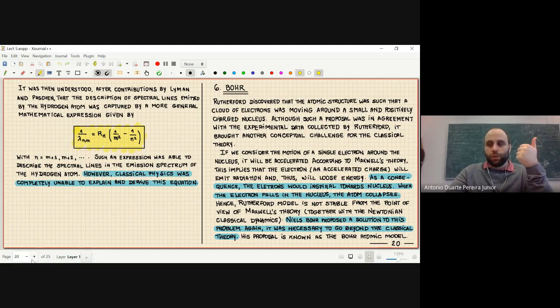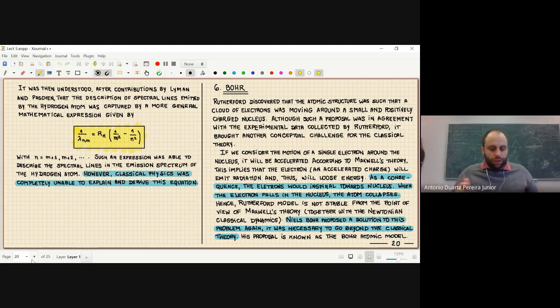So he used Newtonian mechanics in order to describe the motion of electrons. But of course, Bohr knew that if he just did that, then the electron would fall into the nucleus and everything would not make sense. So he had to do something else. And I'm going to explain to you what he did.